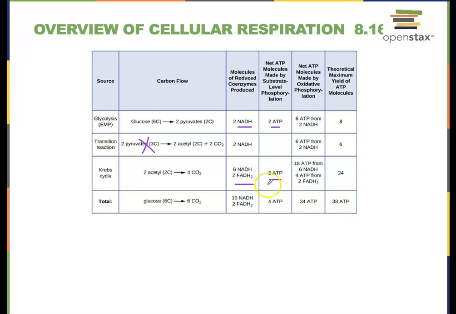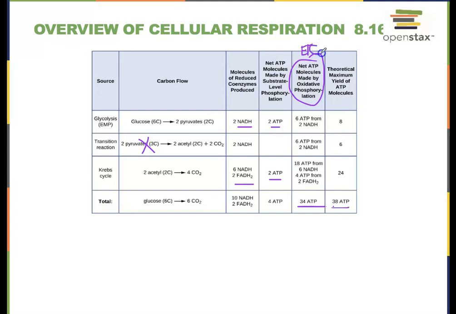Oh yeah, the electron transport chain does not generate this, right? So the electron transport chain will actually generate at most 38 ATP altogether. So 34 is sort of the amount of molecules of ATP made by oxidative phosphorylation, which is the electron transport chain.